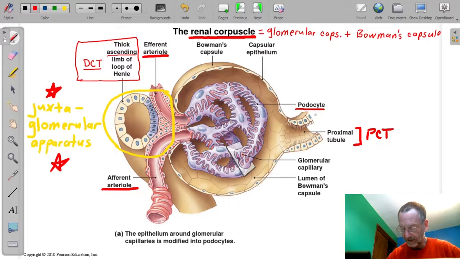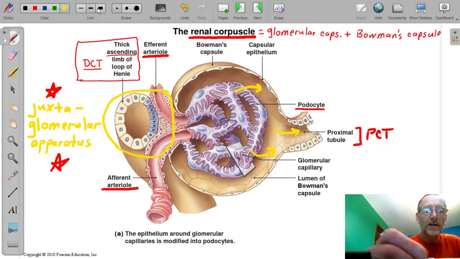They assist with filtration. I'll mention that again a little bit later. And again, this is the site of filtration, where fluid is forced out of the capillaries and into the capsular space, and then that leaves as filtrate.